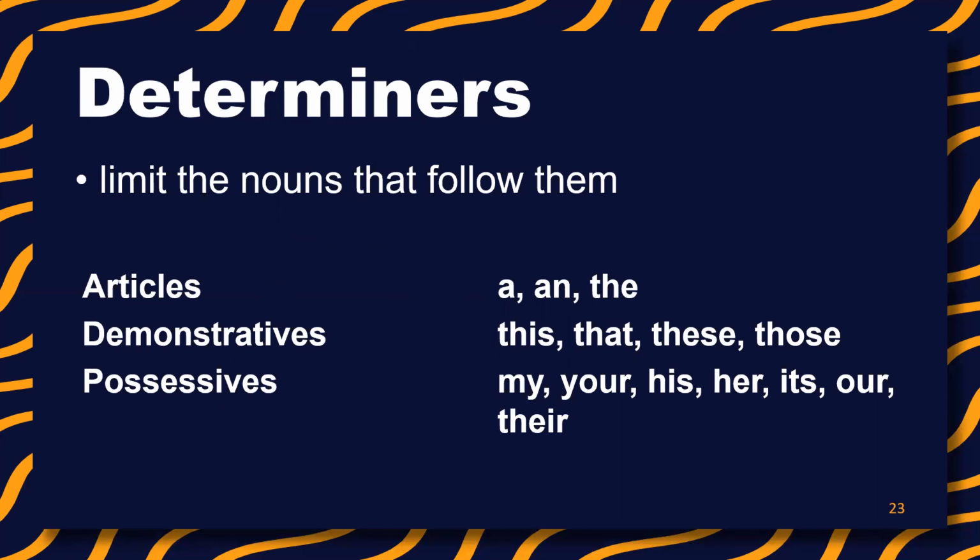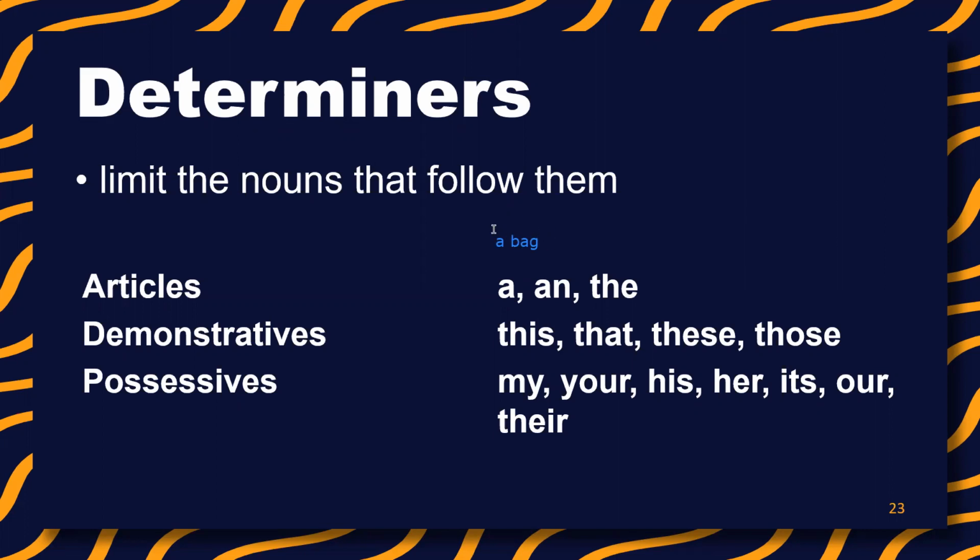So articles specify which noun the speaker is referring to. For example, we usually use a if the first letter of the noun that follows is a consonant. So for example, we have a bag. When we say a bag, because you made use of a, it is clear that you are referring to this noun, bag, because B, the first letter of the word bag, is a consonant.